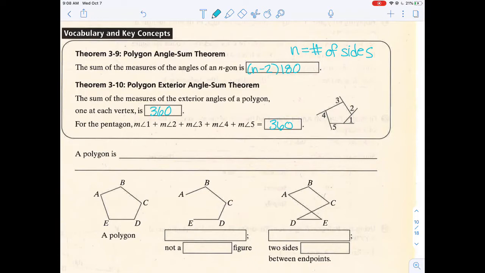All right, then we've got some vocabulary. A polygon is a closed, that's important, closed plane figure. So it can't be open, it has to be closed. Closed plane figure with at least 3 sides.